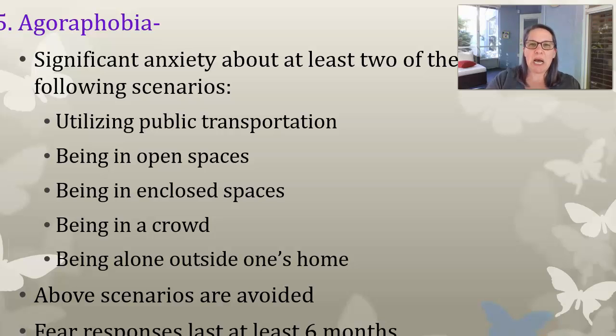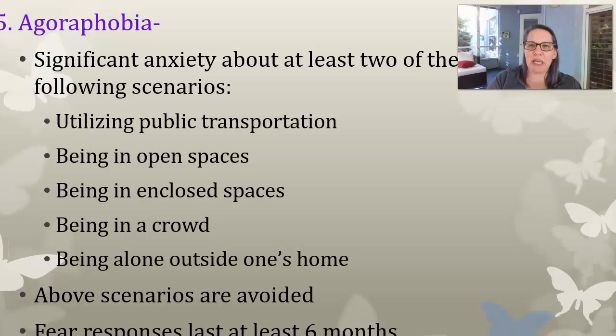Okay, so because you have a significant anxiety about 2 of those things, you completely avoid those situations. And the result of you avoiding those situations is usually you cannot leave your house.